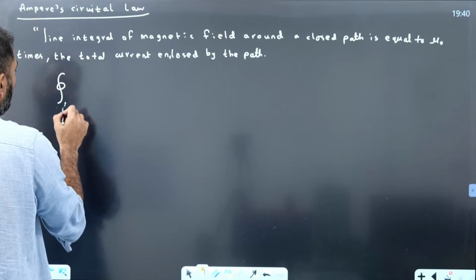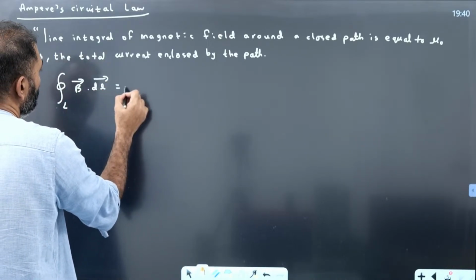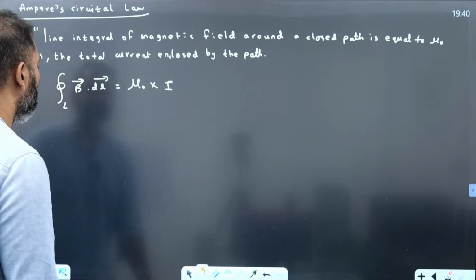Line integral of magnetic field around a closed path is equal to what? Mu 0 times the total current enclosed by the path.